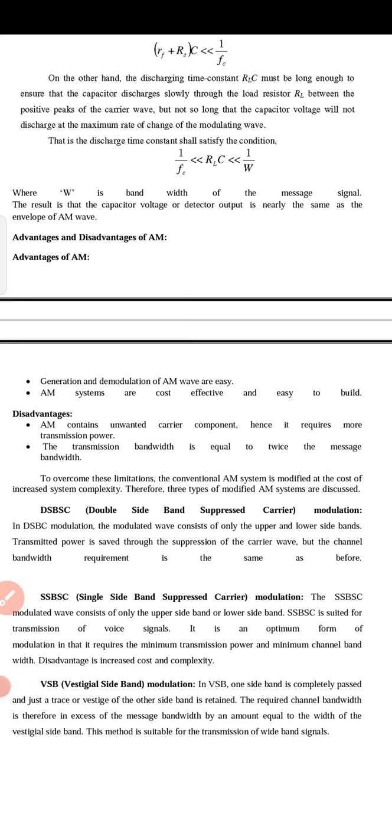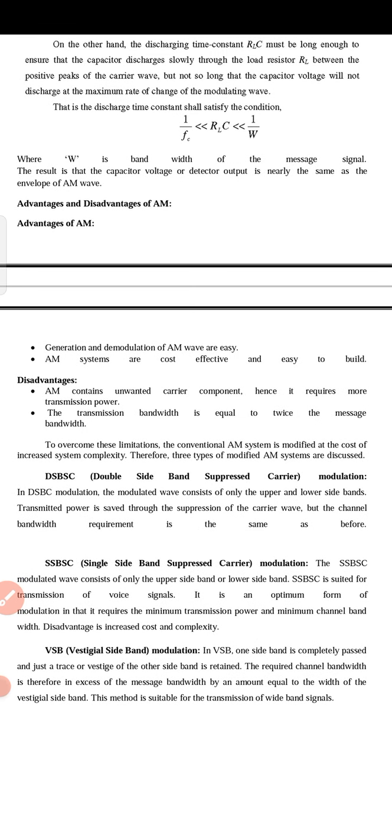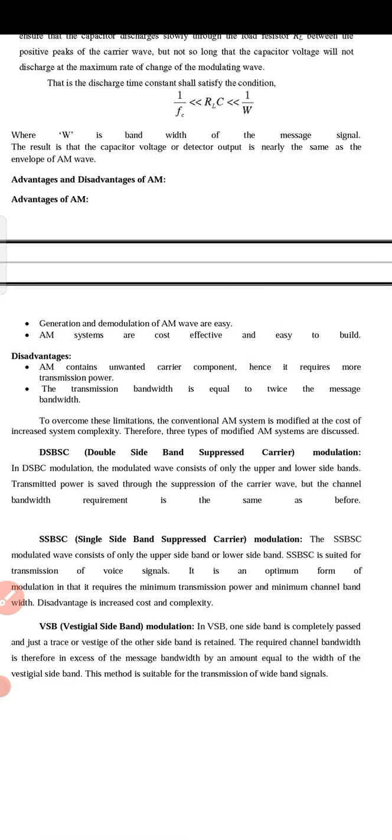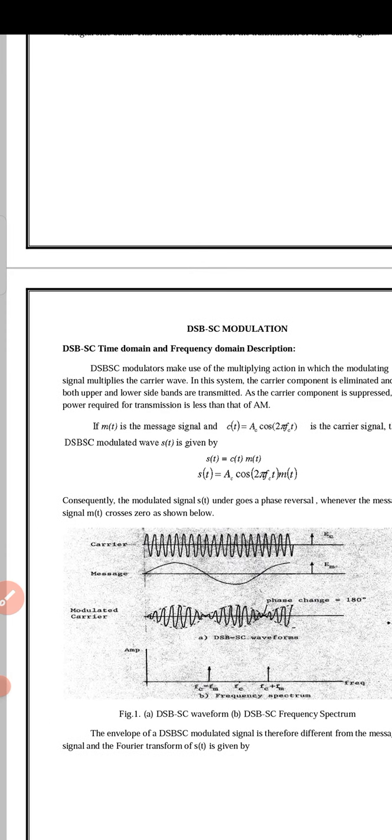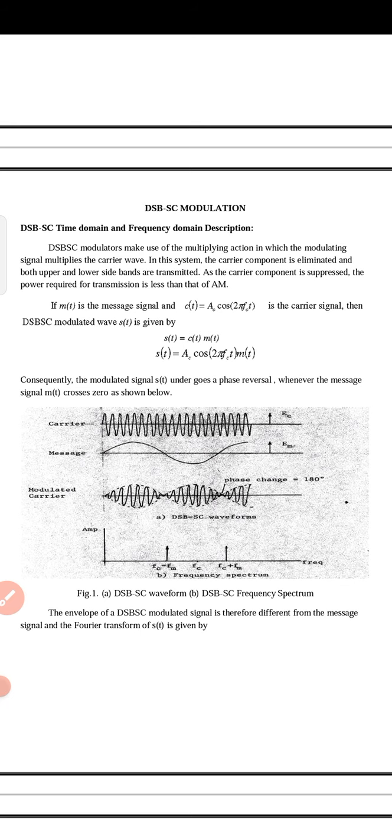Then automatically the bandwidth is also twice that of the actual message signal. So in order to overcome the disadvantages of amplitude modulation, the next developed technique is double sideband suppressed carrier.